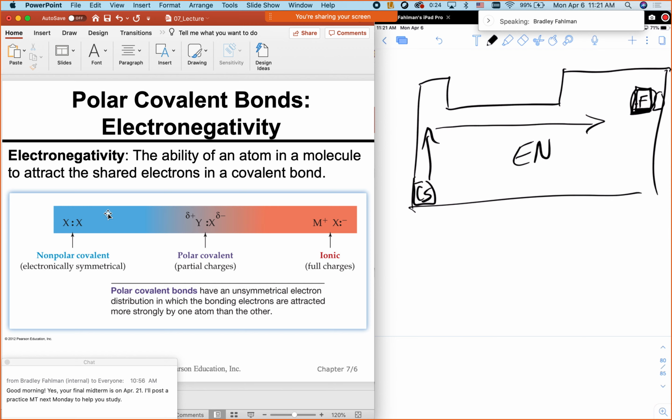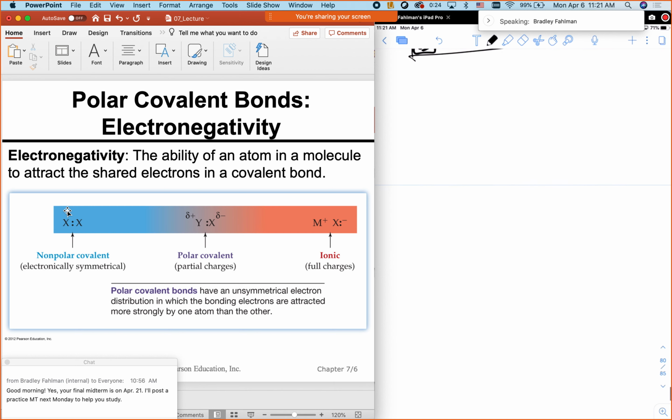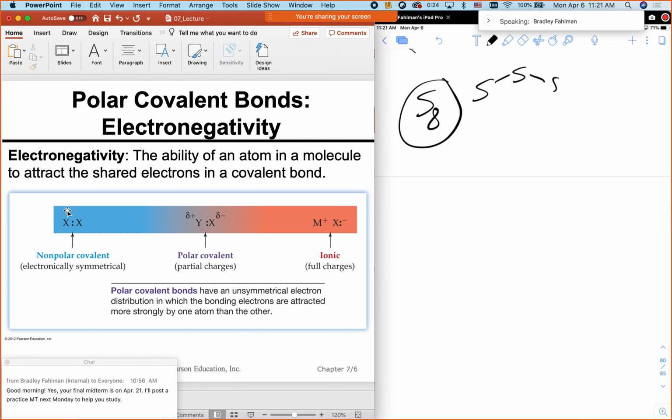So you can have different ranges for a bond. You can have what's called a nonpolar covalent bond, where the electrons are equally shared between the two atoms. There are really only a few examples of that. If you've got elements, for instance S8, one of the allotropes of sulfur, you can count 4, 5, 6, 7, 8. So this is cyclooctasulfur.